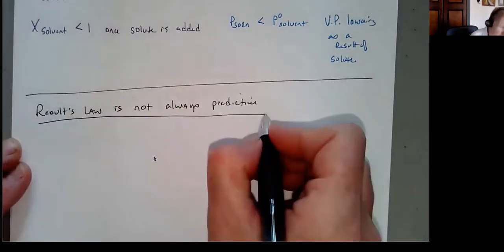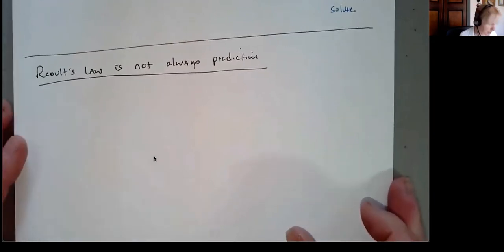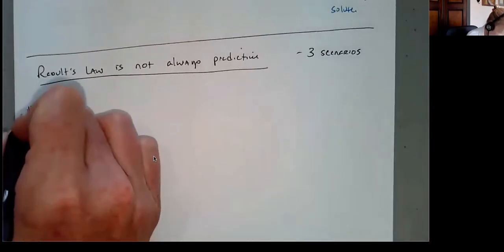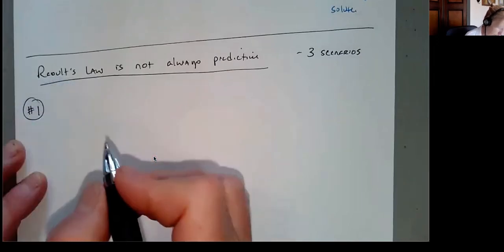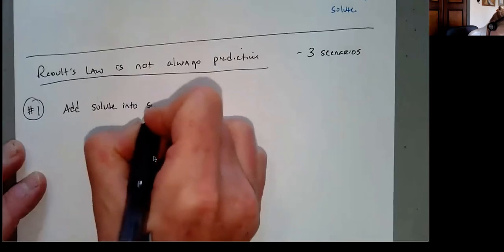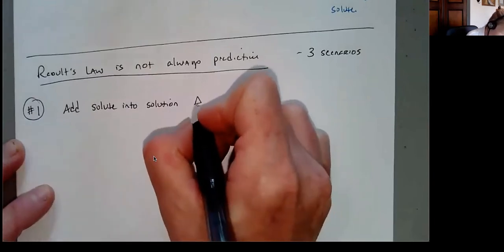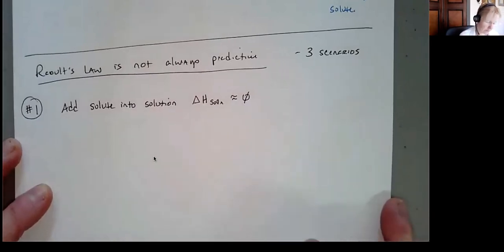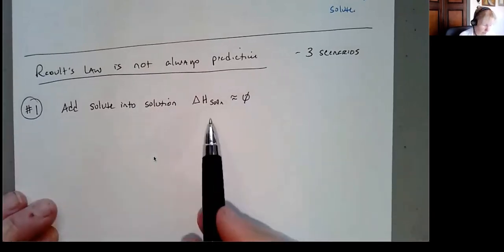And let's think about this. Let's look at some scenarios here. I'm going to give you 3 scenarios to consider. The first one is, let's say that when I add my solute into solution, my delta H of my solution is essentially 0. So remember, where is delta H coming from?